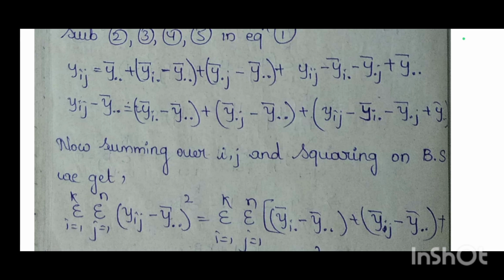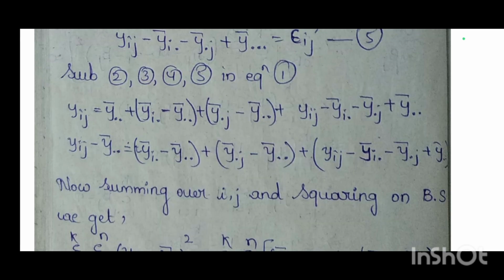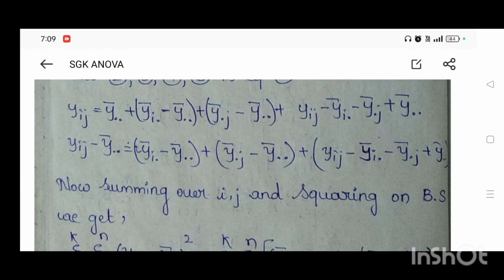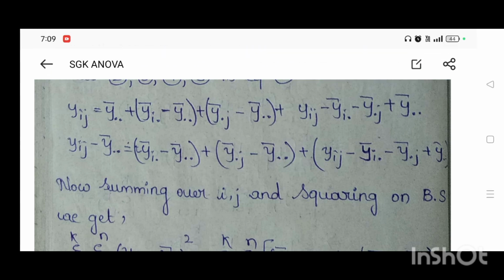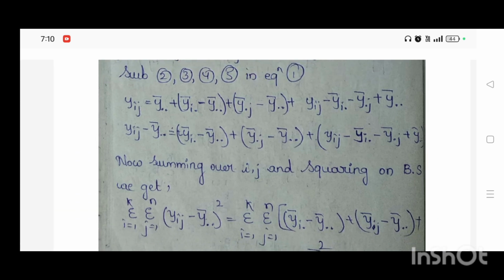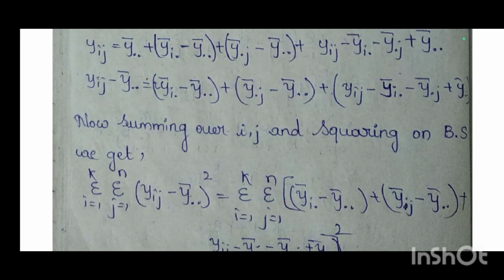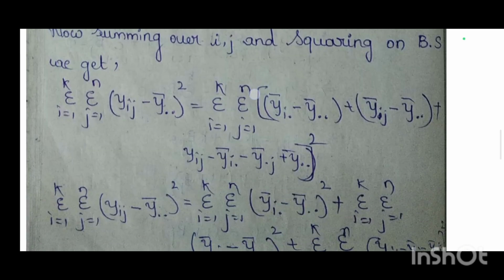Now, this is the mu value, this is the alpha value, this is the beta j value, this is the error value. If you move y bar of dot dot to the left hand side, then it will become our model. Now summing over i and j and squaring on both sides, we will get the formulas.